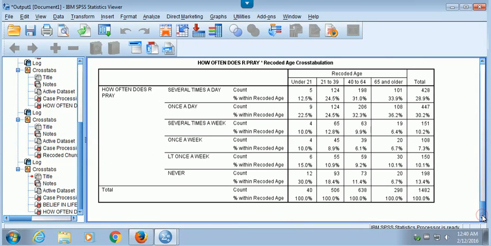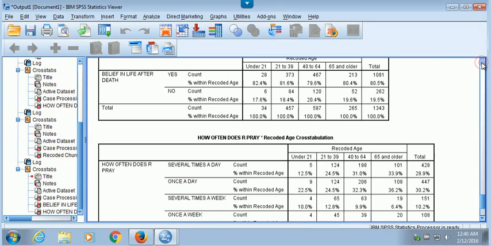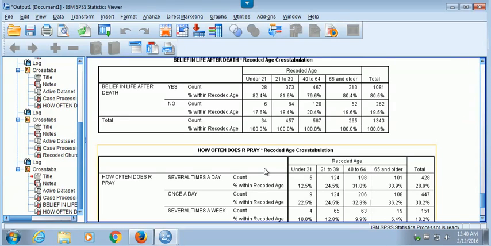What you will see first is your belief in life after death with age, and then a second crosstab that looks at age versus how often an individual prays. If we look at belief in life after death and age, this is a very good example, as there's really no relationship between age and whether or not one believes in life after death.